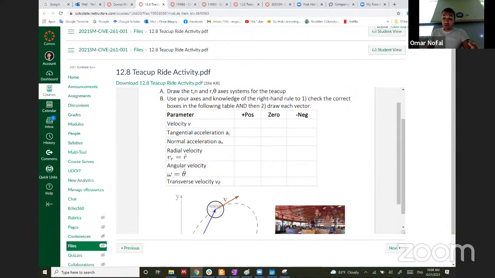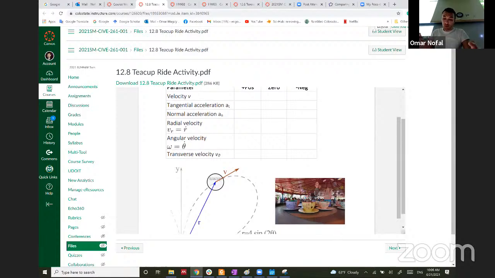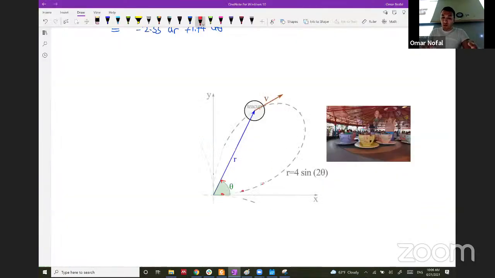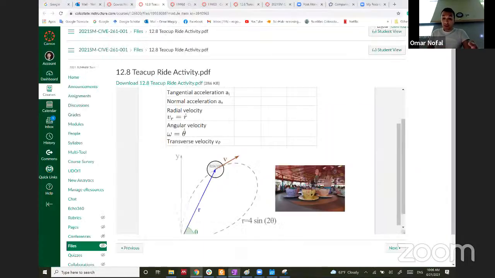So we know that the velocity is decreasing, which will give you some insight about the acceleration. So here's the velocity vector, and I need you to draw the tangent-normal and the polar coordinate system at this point, and then answer these questions.